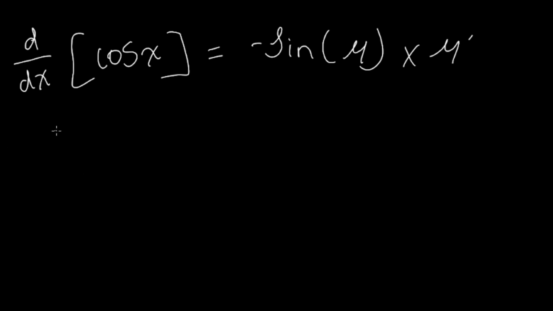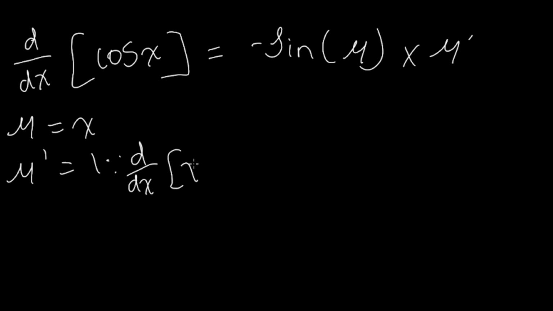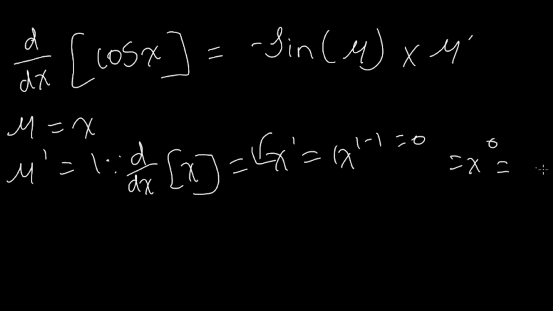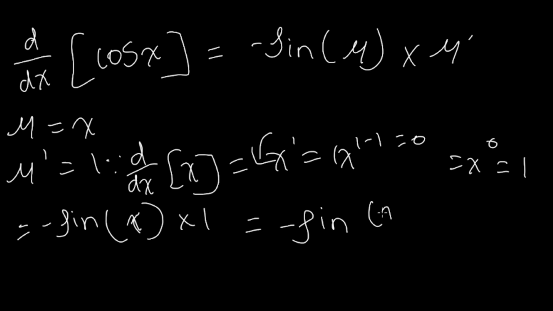Here u is equivalent to x and u prime is equivalent to 1, because the derivative of x is x to the power of 0, which is just 1. We plug into the formula, times 1, so your answer is negative sine of x.